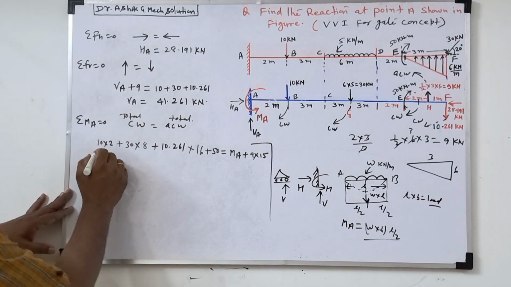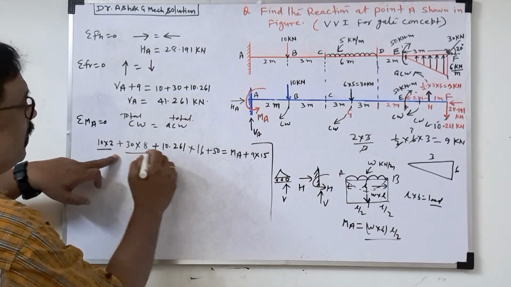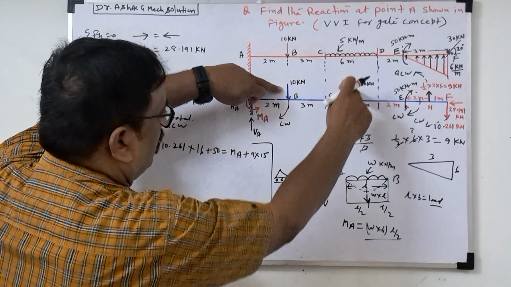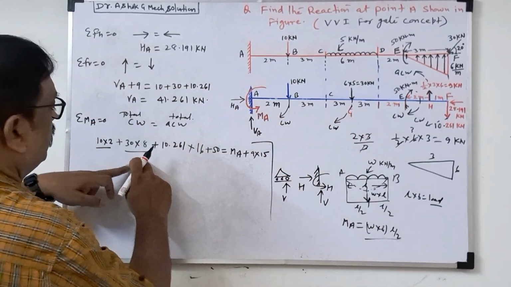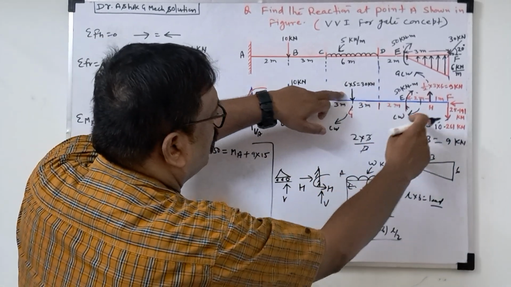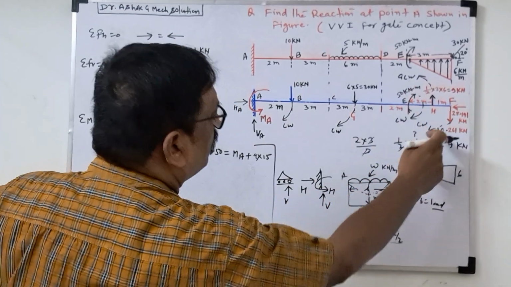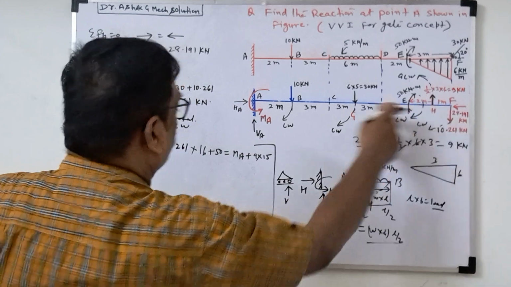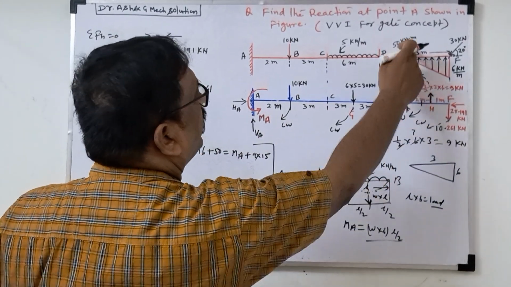So look here: 10 into 2 clockwise. 30 into 8, load into perpendicular distance. Now this one is going anti-clockwise: 10.261 into total distance 16. And directly this 50 kilonewton meter moment is given clockwise.